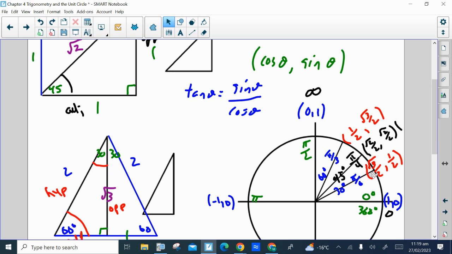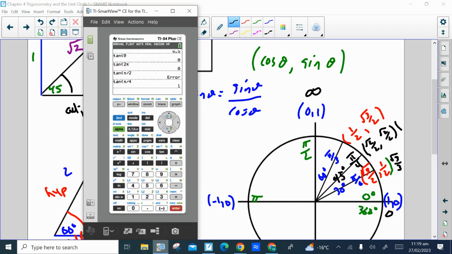So let me see if I can make some room here for this. So in black, it's root 3 over 3. If you take the tangent of pi on 6 radians or 30 degrees, and I will use pi on 6 here because I am in radian mode in my calculator.